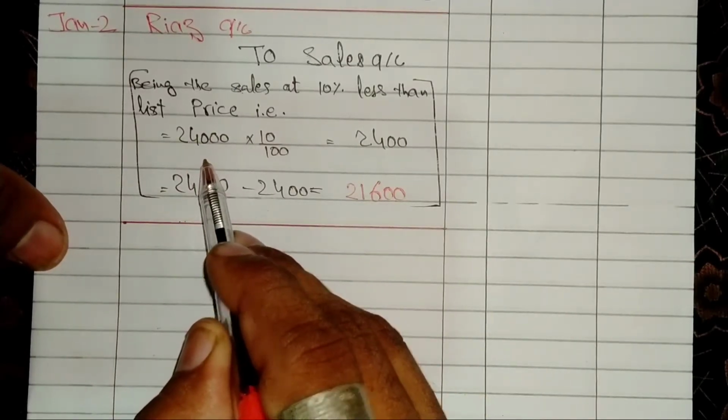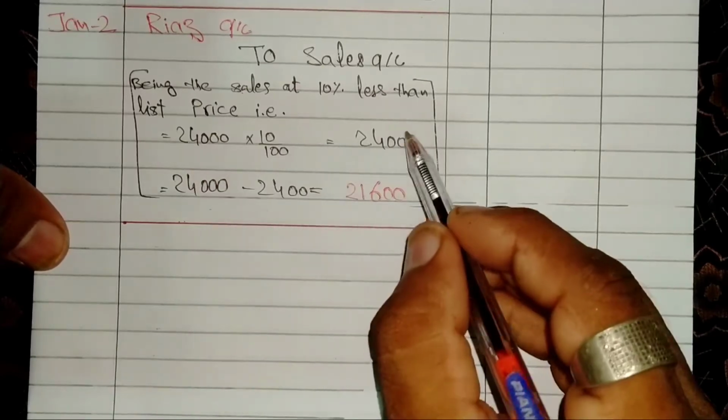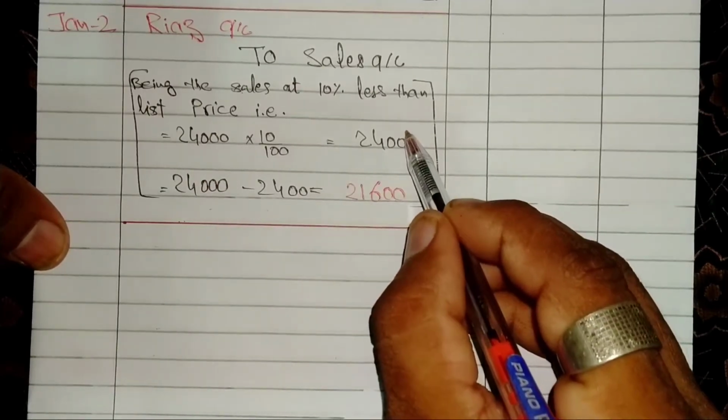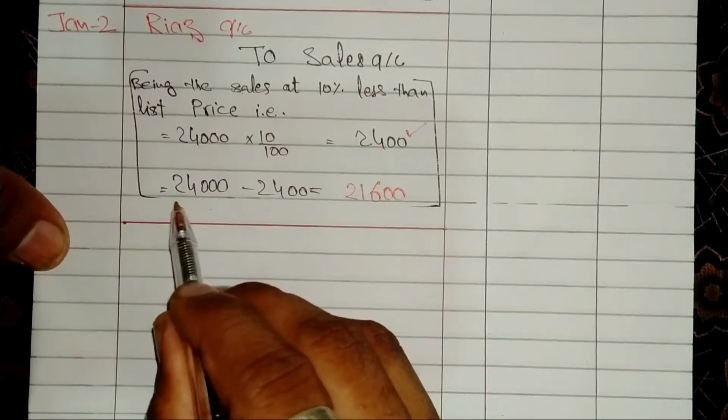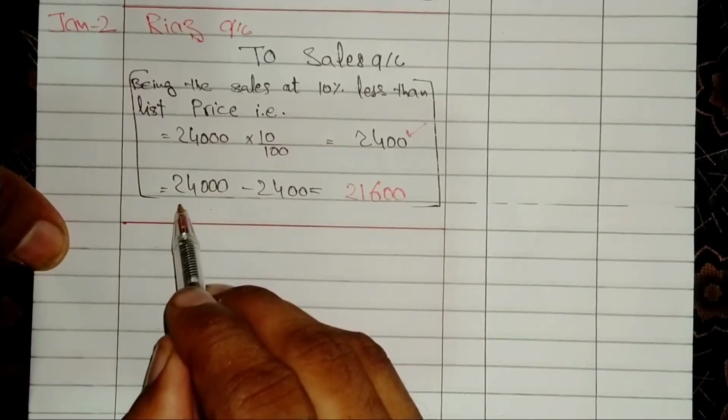The 10% of $24,000 is $2,400. Now we will deduct it from the list price.